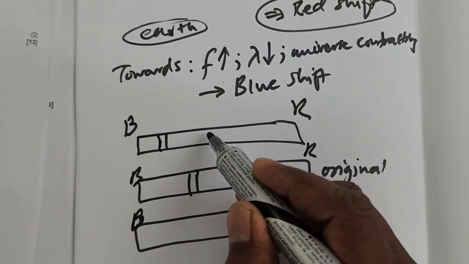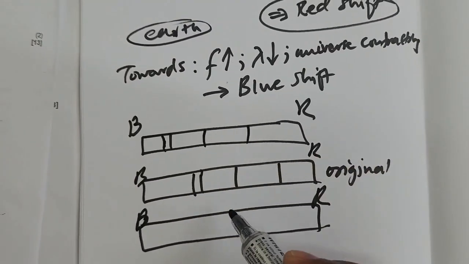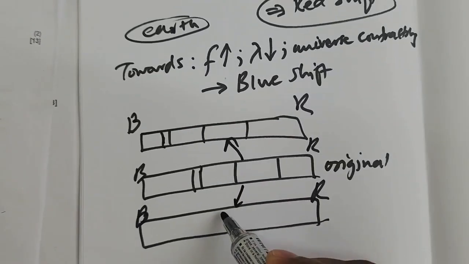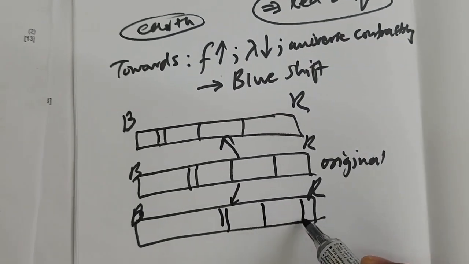Now you have this, and this, and then if you move from this side, you find, let's say, this and this and this one.